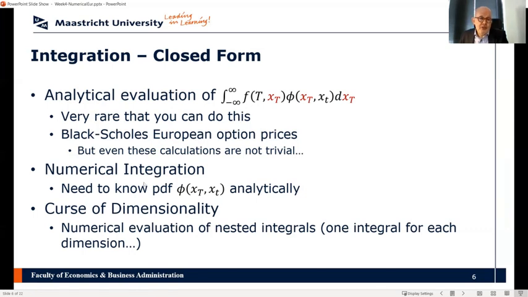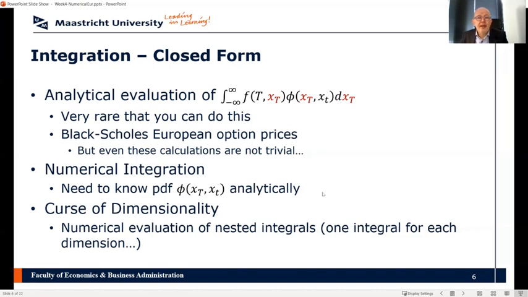Another approach is to just say I switch on my computer and I do this integral numerically. So I use a numerical integration routine to integrate this integrand f times phi for all values of x capital T, and I just do this integral numerically.